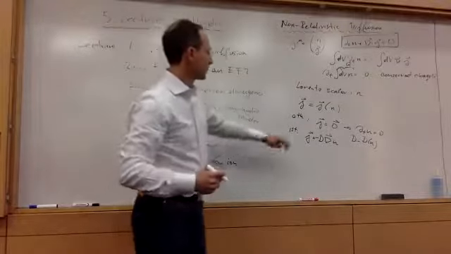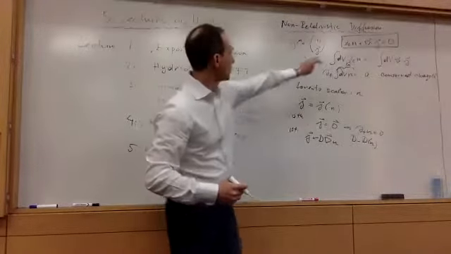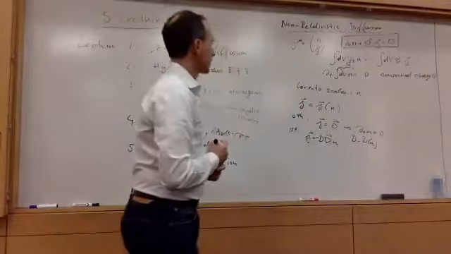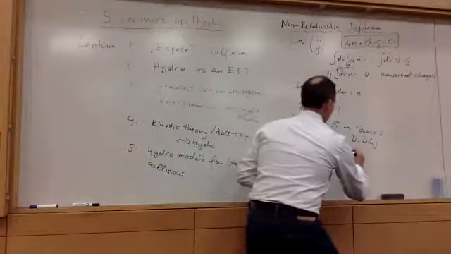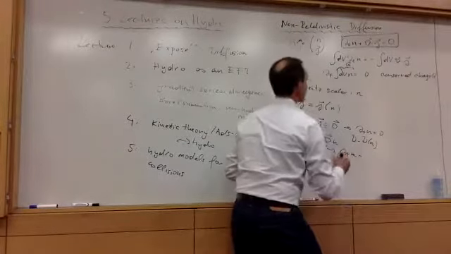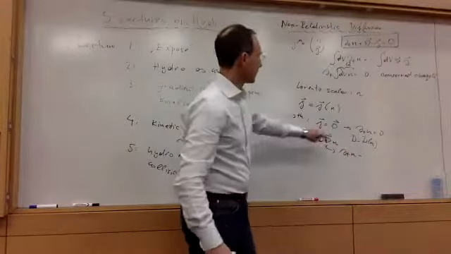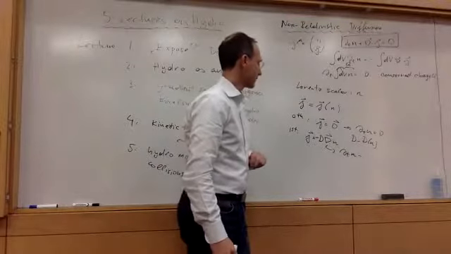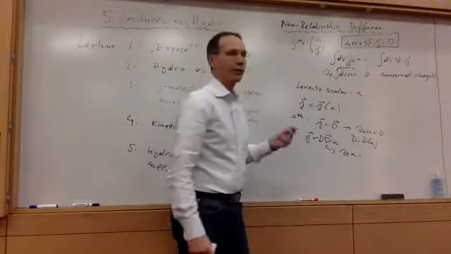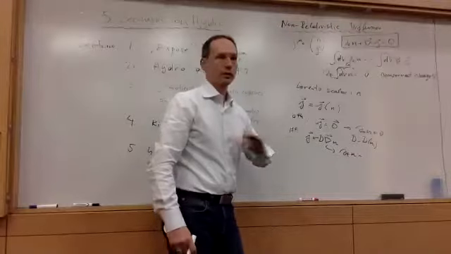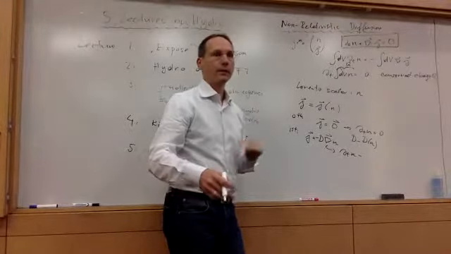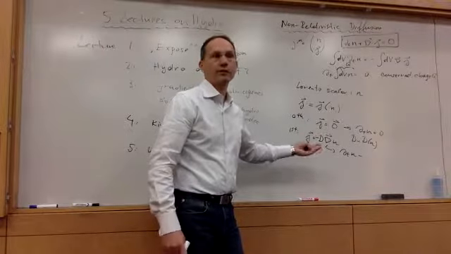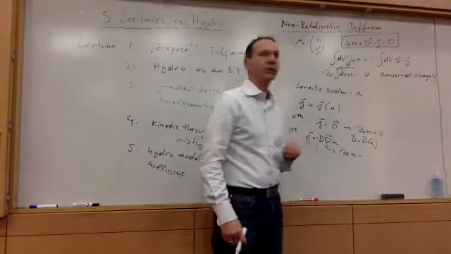If we plug this J back into the current conservation equation, what we get is ∂_t n minus the divergence of D times the gradient of n equals 0. In principle, D is a function of the number density n. However, for the discussion here, I will assume it to be just a constant, simply because it simplifies the math of writing it down. But in principle, there's nothing that stops us from keeping the full general function of n here.